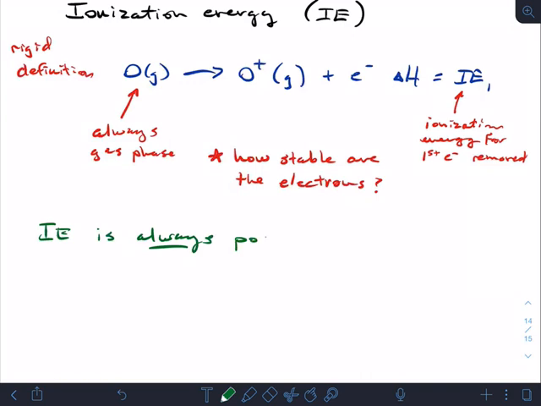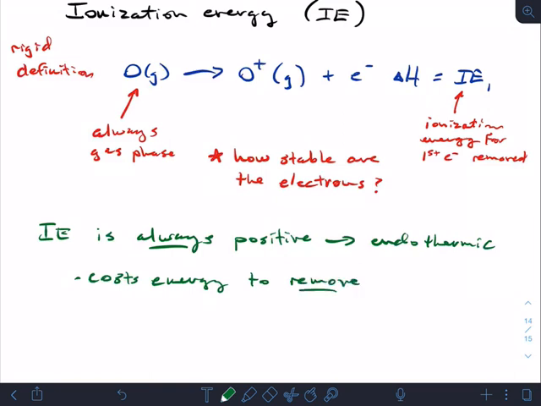Another important aspect is that ionization energy is always positive. It's always an endothermic process. The reason for that is it costs energy to pull off an electron, to remove electrons.